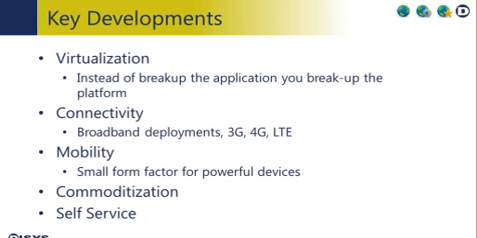The other key development is on the self-service side. While people historically have built infrastructure, they're now building self-service platforms on top of that infrastructure. So the users, whether they're enterprise users or consumers, can access that massive computing capacity and storage capacity fairly easily.